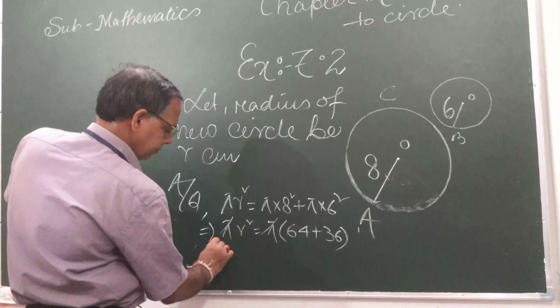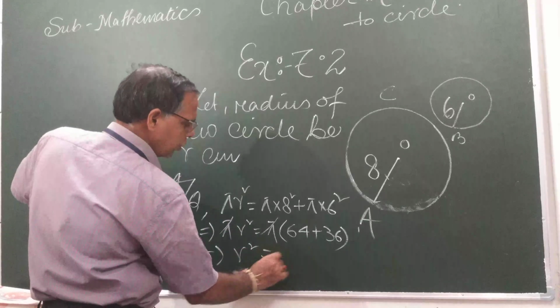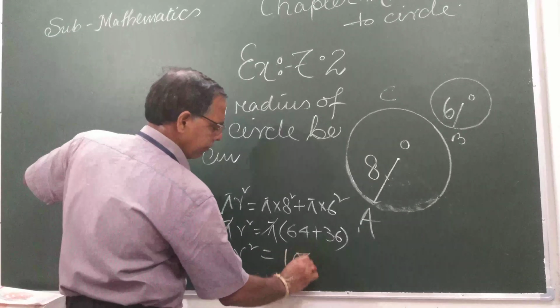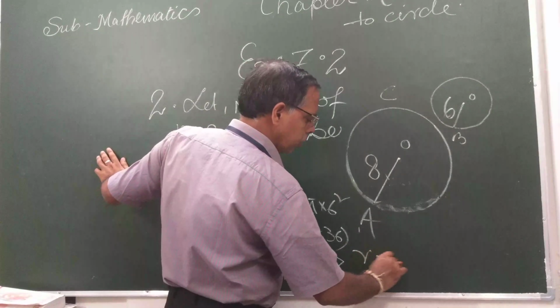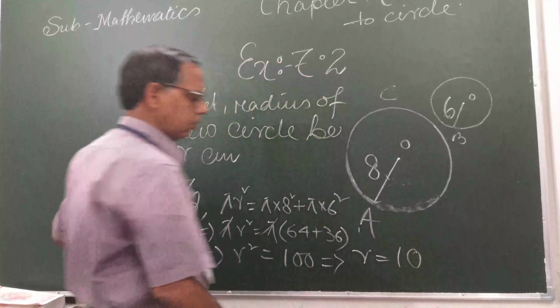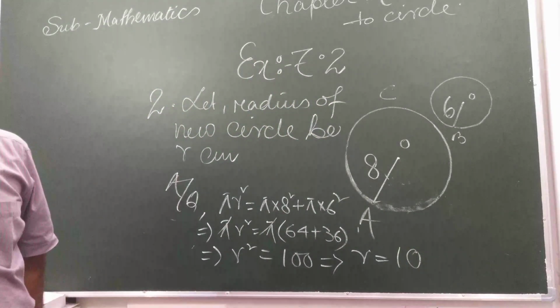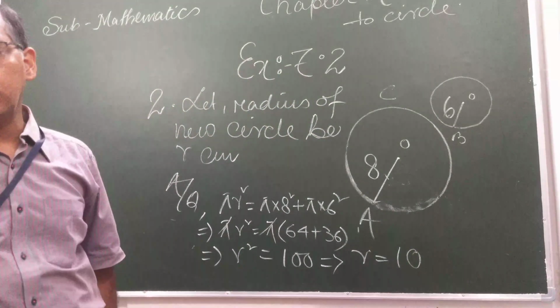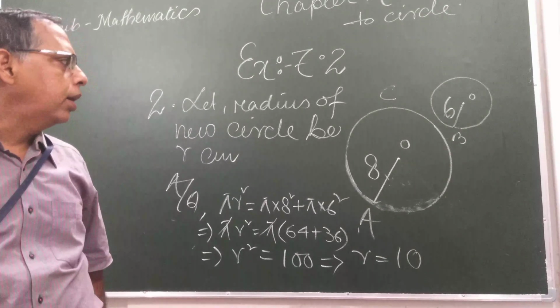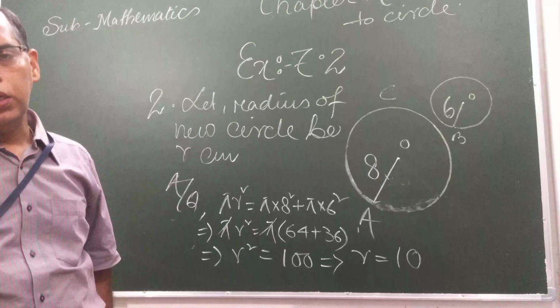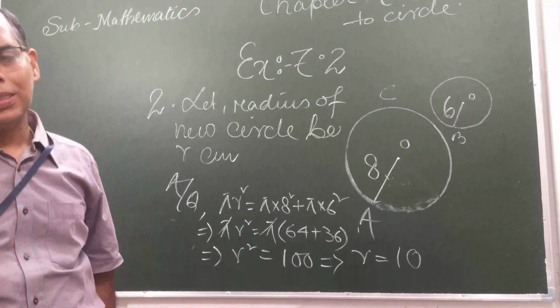Pi cancels. R square equals 100. So this implies R equals 10. Therefore, the radius of the new circle is 10 centimeter.